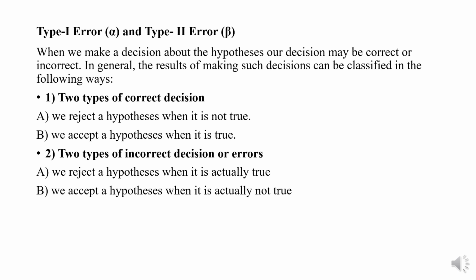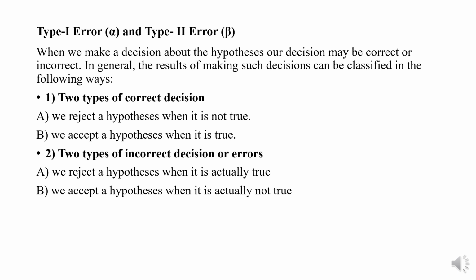There are two ways. Number one is two types of correct decision: we reject a hypothesis when it is not true, and we accept a hypothesis when it is true. And the second is two types of incorrect decision or error: we reject a hypothesis when it is actually true, and we accept a hypothesis when it is actually not true.